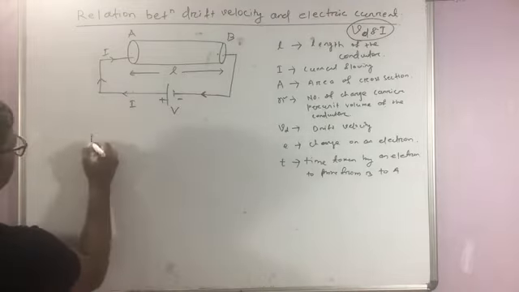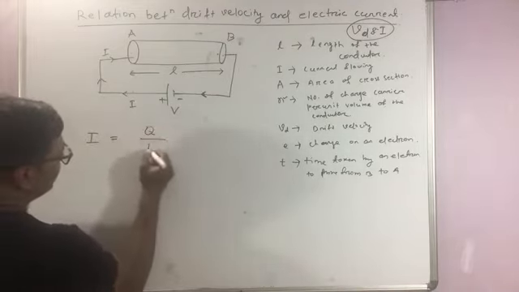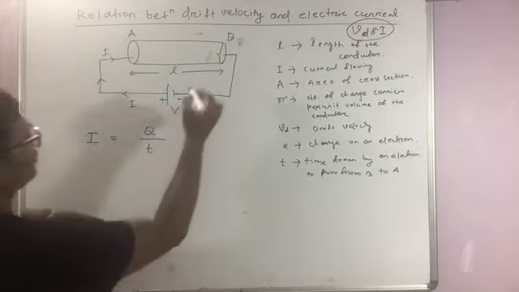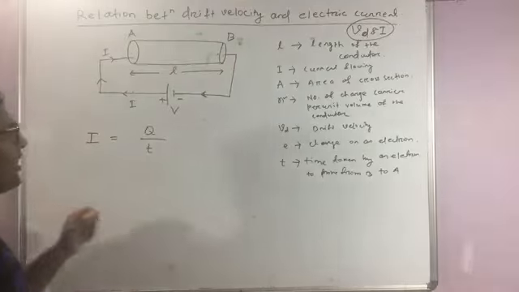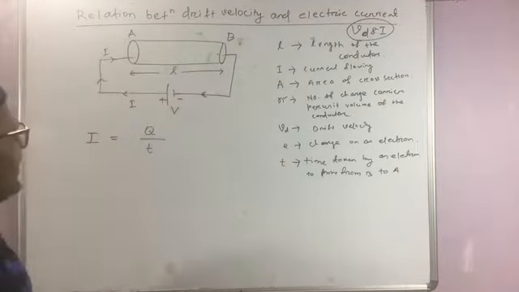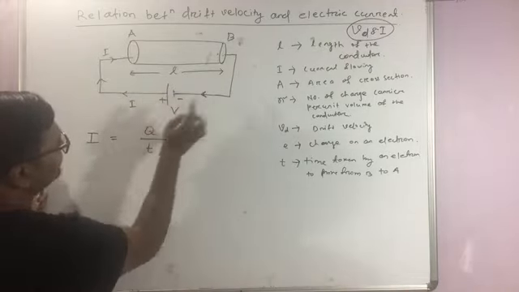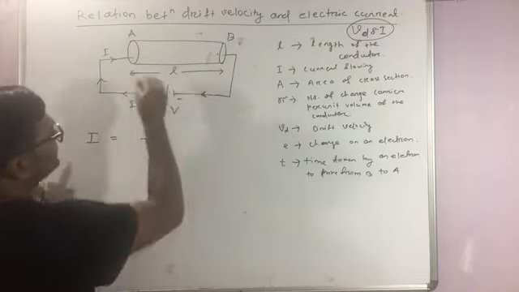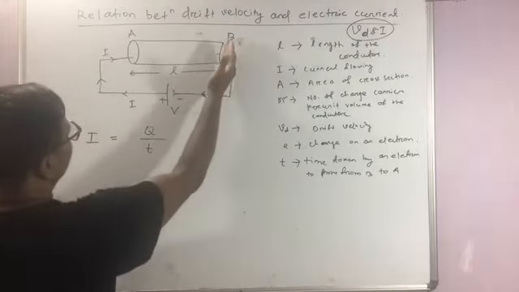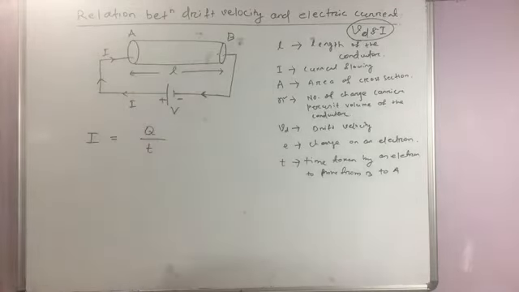We know the simple definition, I is equal to Q by t. All of you just understand, as the cross section area is A, it's not that only one electron will flow from end B to end A. When the potential difference is maintained, when the battery is connected, suddenly the current starts flowing and N number of electrons will start from end B to reach end A.